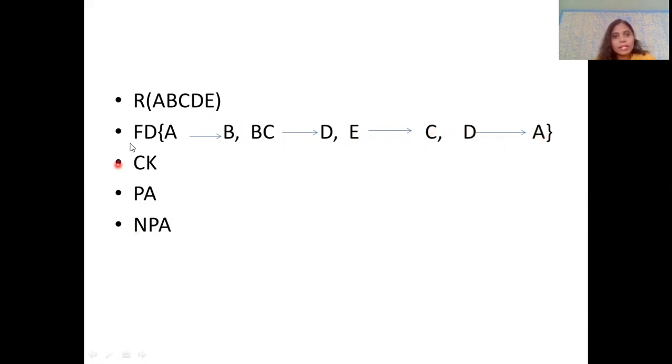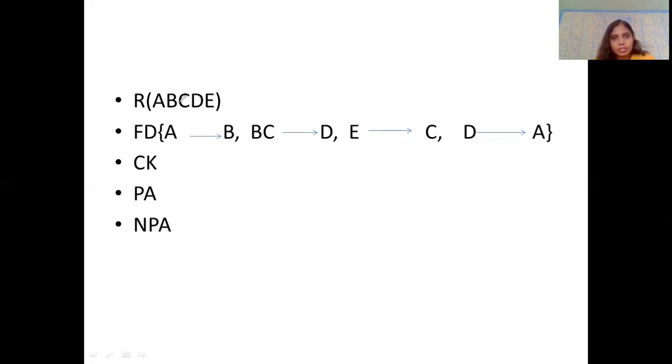Now let's find the candidate key using the closure method. Before finding the candidate keys, there is another trick we can follow. We check the RHS of every functional dependency and check whether any attribute of the relation is missing.